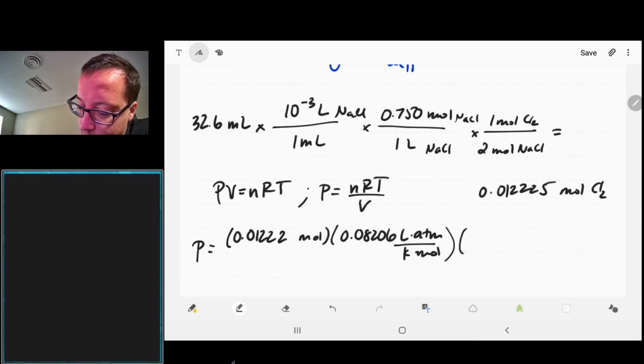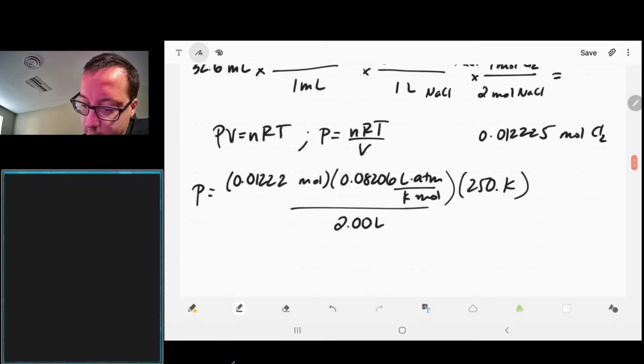And then we have our temperature all over our liters, our volume. And so we can do this times 0.08206 times 250 divided by 2.